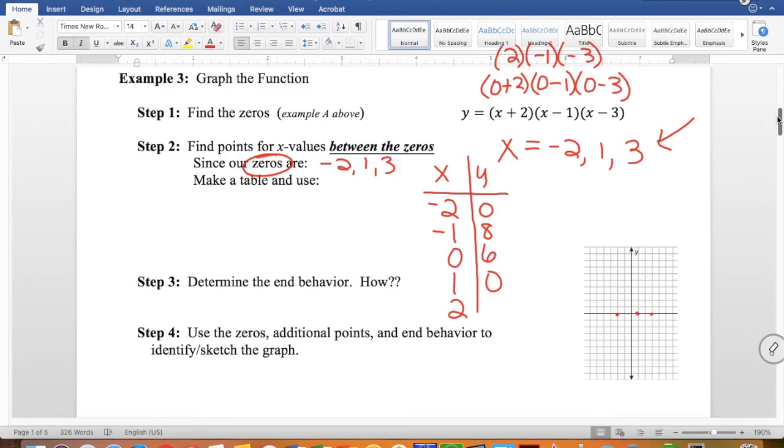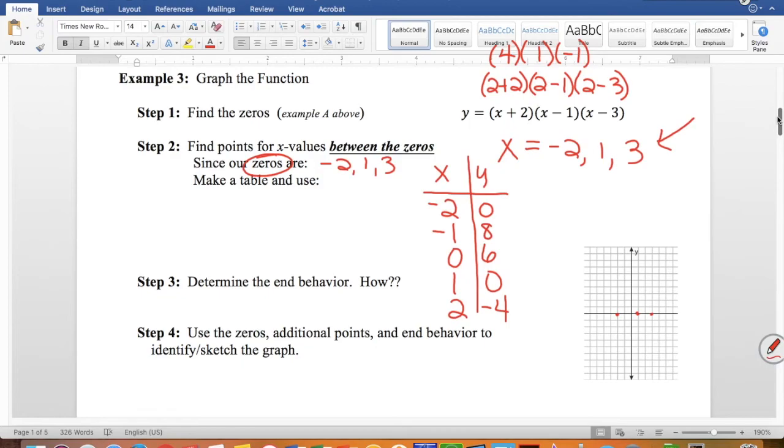Now I'm going to put 2 in for my x values. So 2 plus 2, 2 minus 1, and 2 minus 3. So here I get 4, 2 minus 1 is 1, 2 minus 3 is negative 1. So that becomes a negative 4.